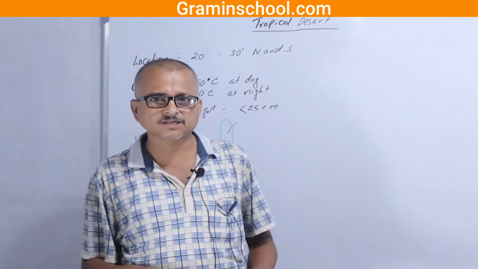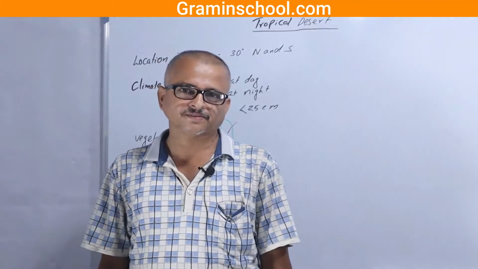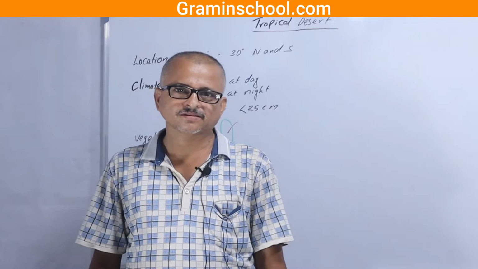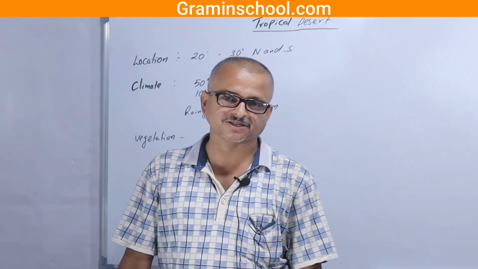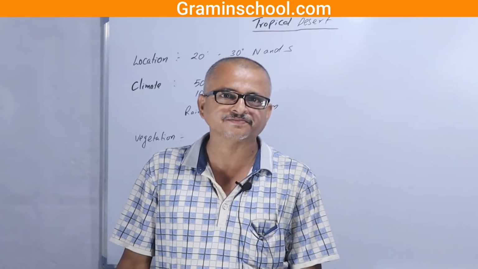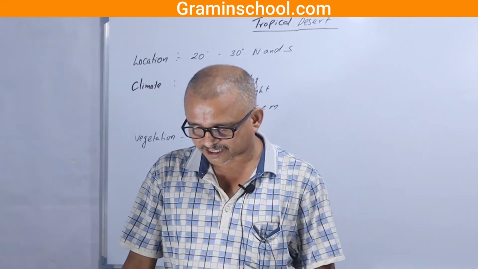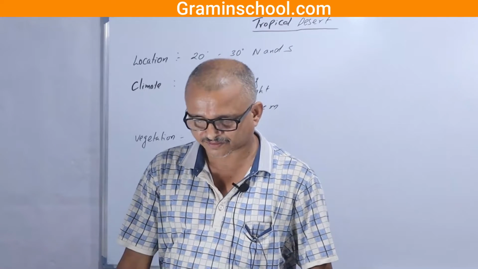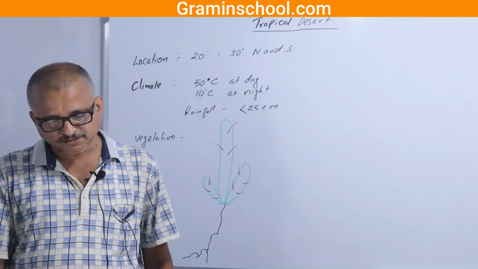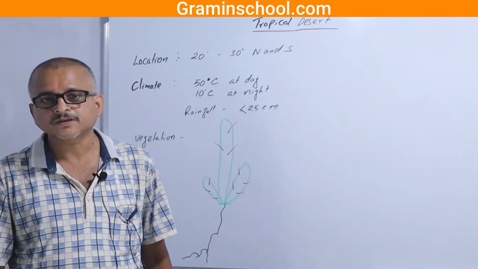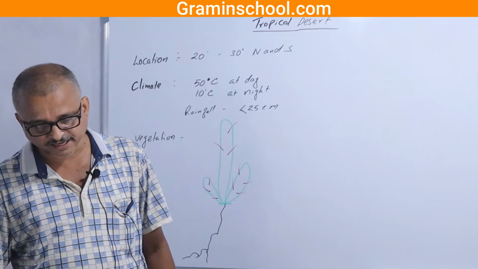Orange is grown in the desert, lemon is grown in the desert, California, Ratlam, which lies in the Thar desert. It is the biggest producer of citrus fruit in the world. So a desert is a place where there is 25 centimeters or less than 25 centimeters of rainfall.